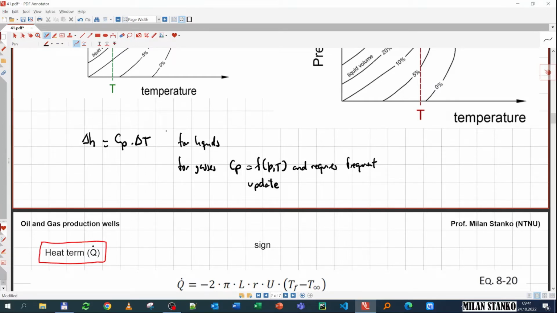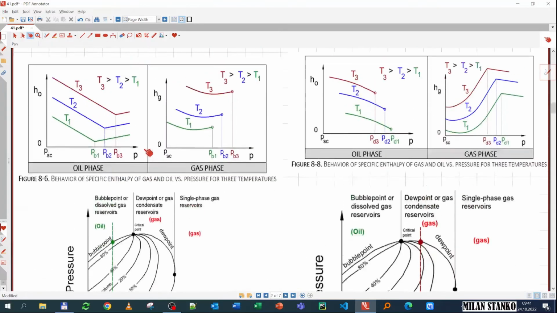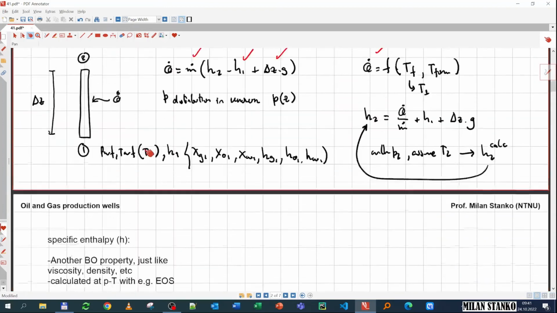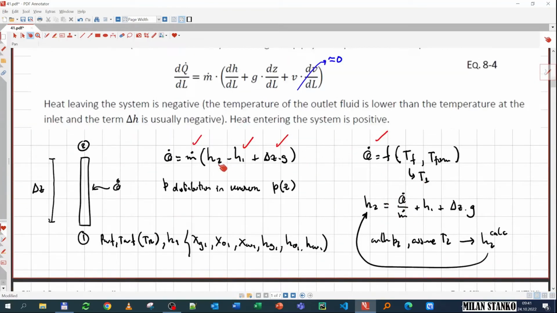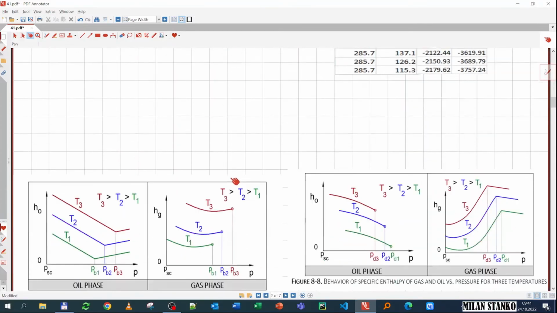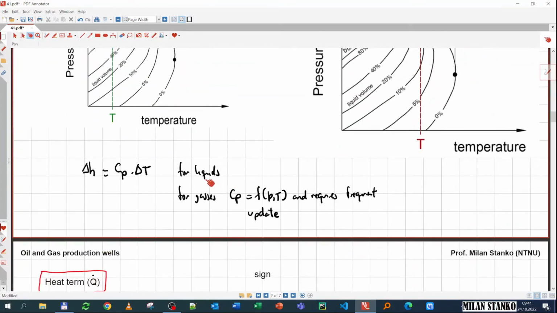So by expressing the delta H in terms of the temperature, I can substitute in that equation and no longer require this iteration, but I can just clear out the temperature. But it might not be very accurate.